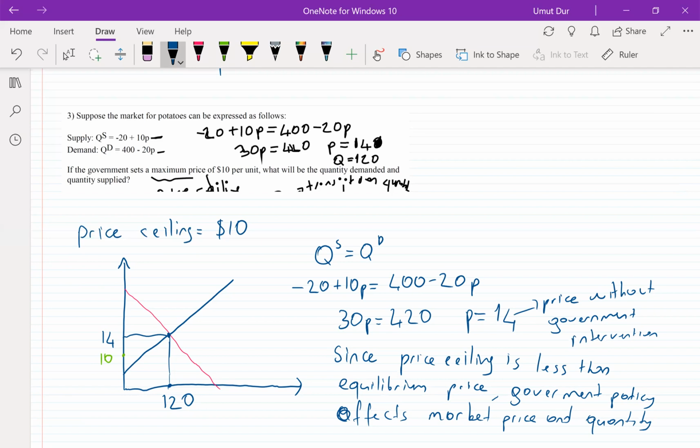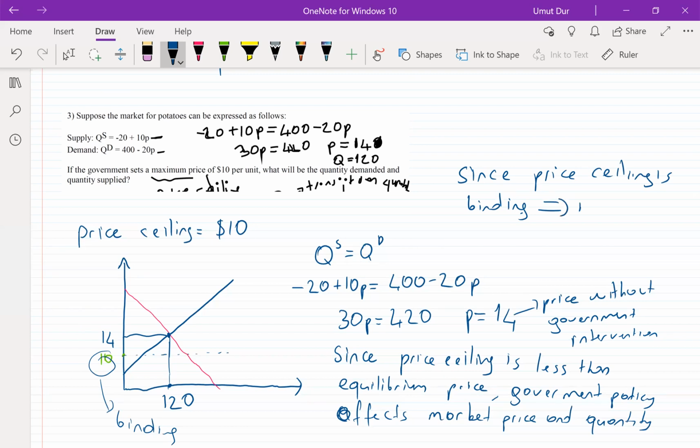Since 10 is the maximum price that can be charged, and the market equilibrium is 14, this 10 will be binding here. Since the price ceiling is binding, the market price will be equal to the price ceiling, which is 10.